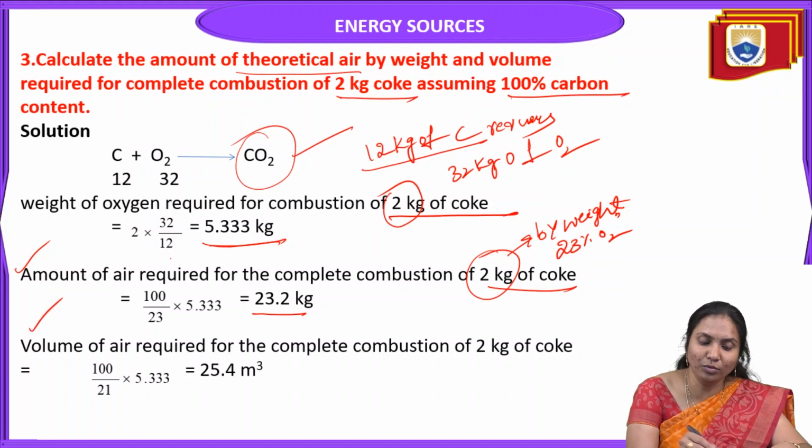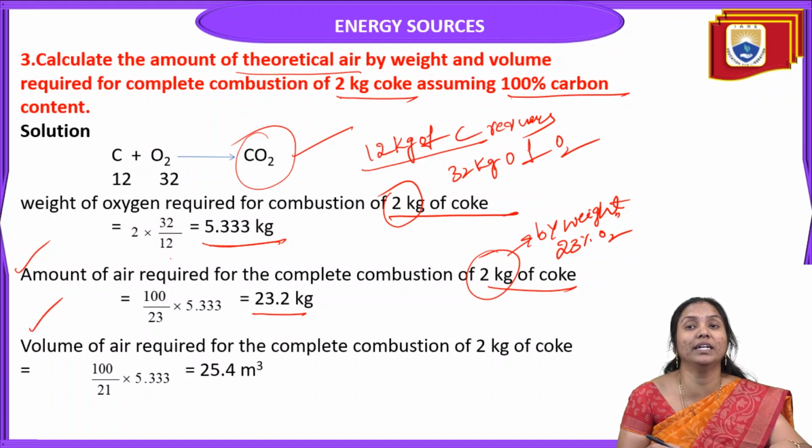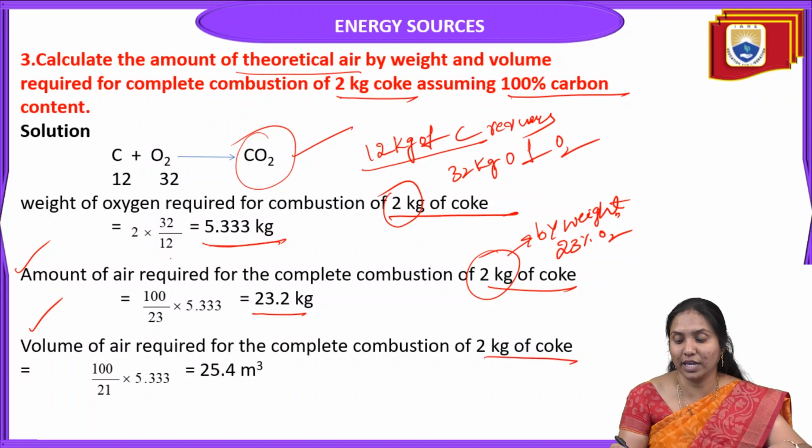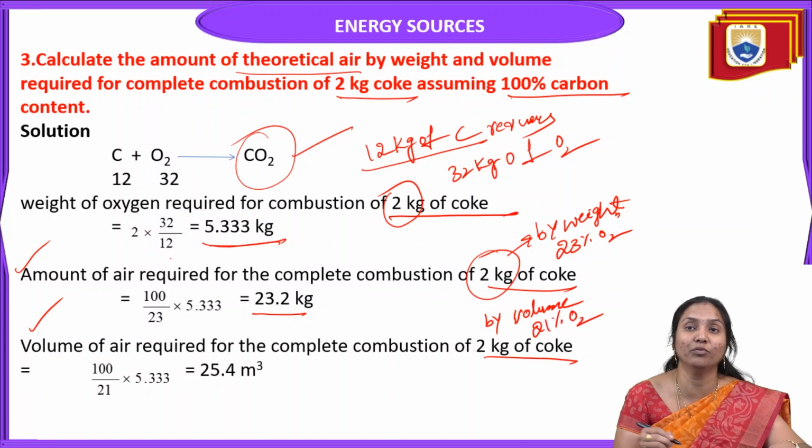So next, volume of air required for a complete combustion of 2 kg of coke. So volume is air required by volume. So air containing oxygen is 21% of oxygen by volume. So you are going to calculate the volume of air required for complete combustion of 2 kg of coke.